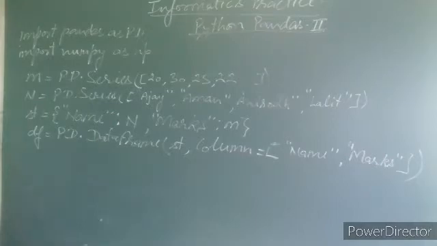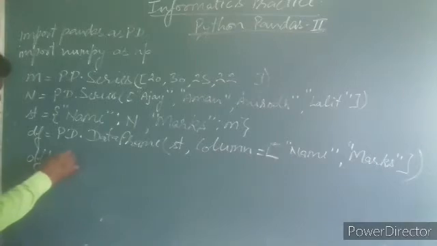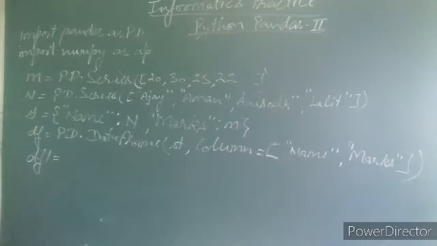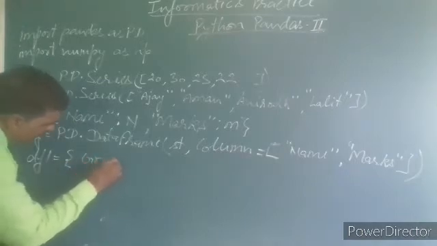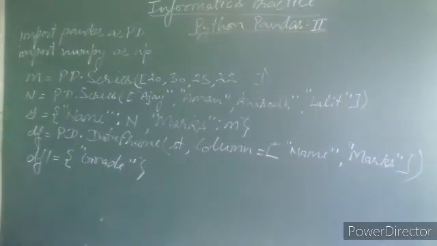So here we are taking df1 equals to, within the brackets you can write anything like a grade. So you can write grade, then you can store it as a null value.